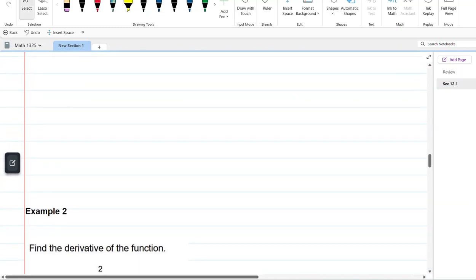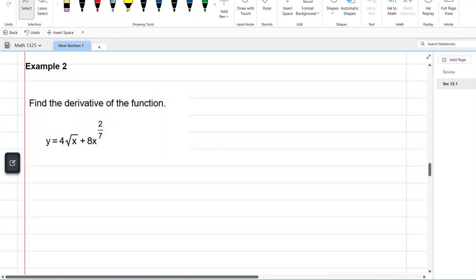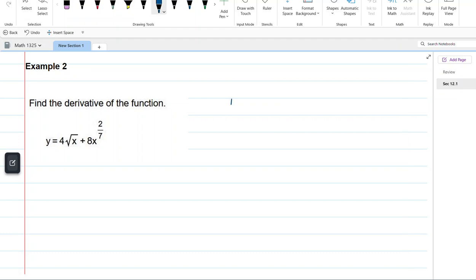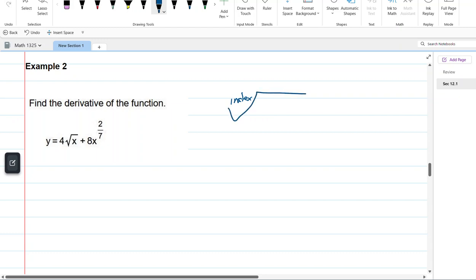Let's do another one. In this next one, it is a conversion of a radical to an exponential. The rule is that the index of the radical is the denominator of the fractional exponent.